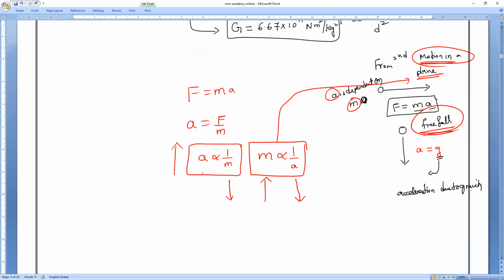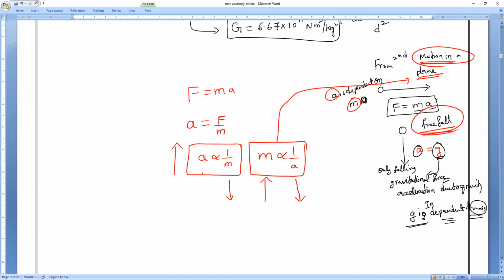So now, what is happening? I told you in the offline class also. Is g independent of mass or dependent on mass? g is independent of mass. When a body is falling only under gravitation, with no drag force, g is independent of mass.